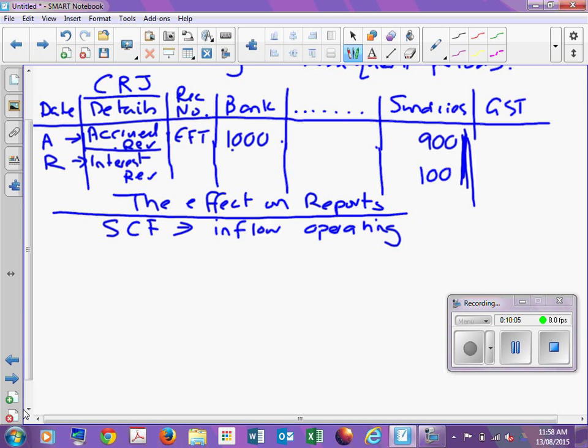Interest received is fine. So you can report them as interest received as one number, or as accrued revenue, interest revenues, two numbers. The total amount for operating inflows would be $1,000.